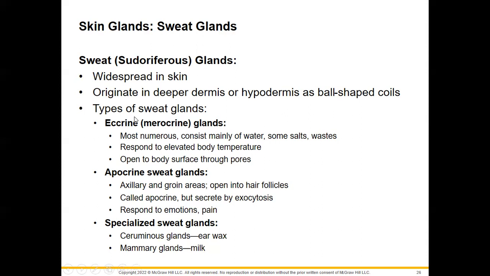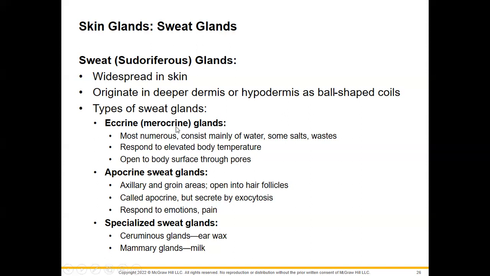These particular glands respond to elevated body temperature. So when a person gets hot, the eccrine or merocrine glands are the ones that are producing that salty water that is going to then be deposited on the body surface through the pores to help you cool off.